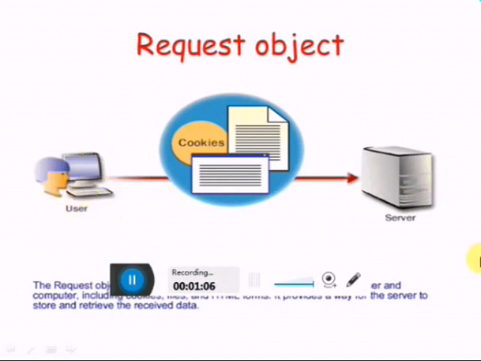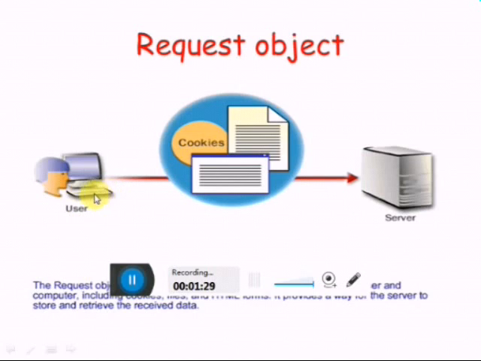On one end you can see the user, and this is the server. Where does the request object get invoked? If the user requests any file from the server, there the request object gets invoked. Sometimes the server sends cookies to get information about the user.